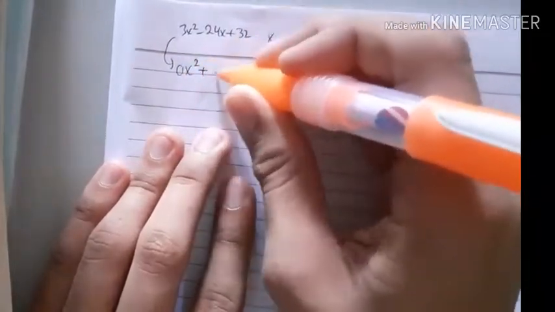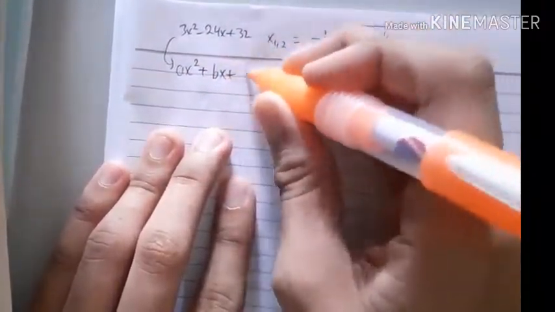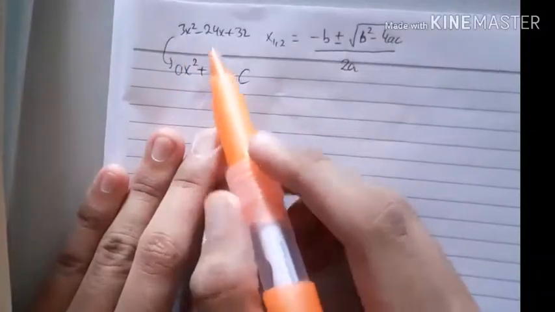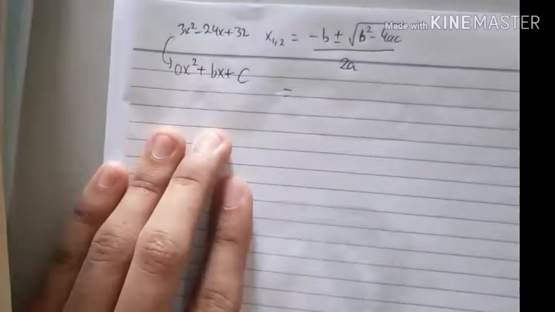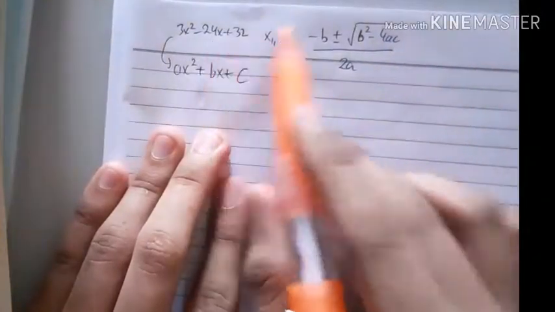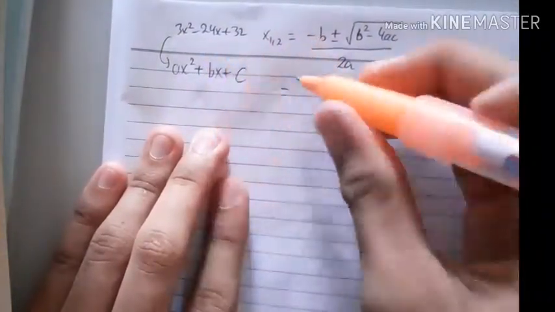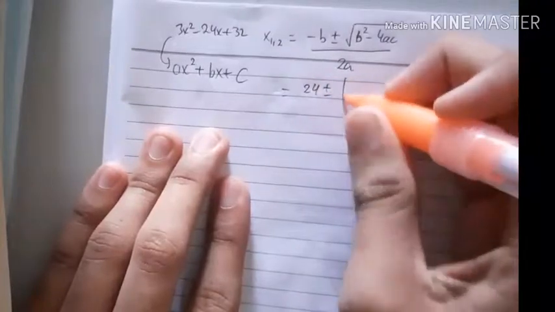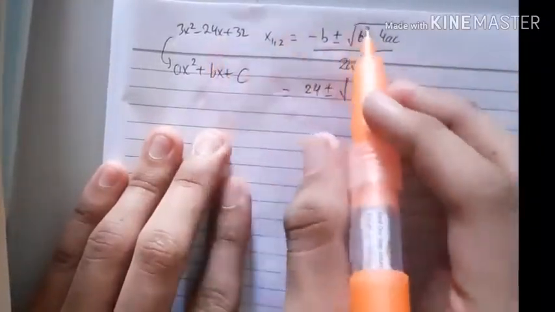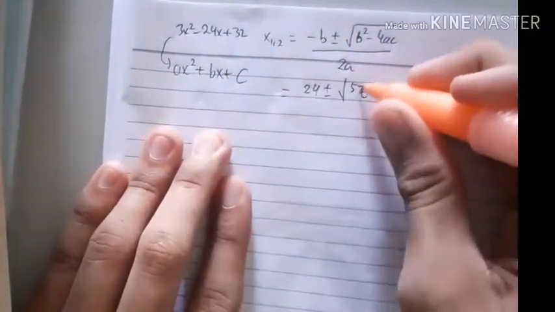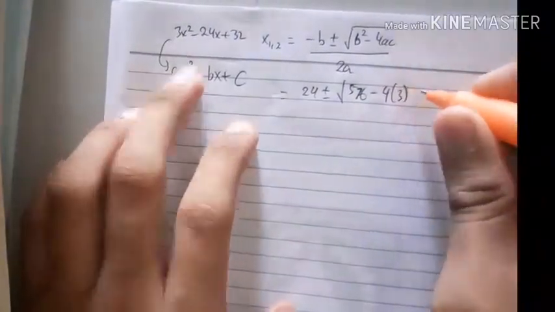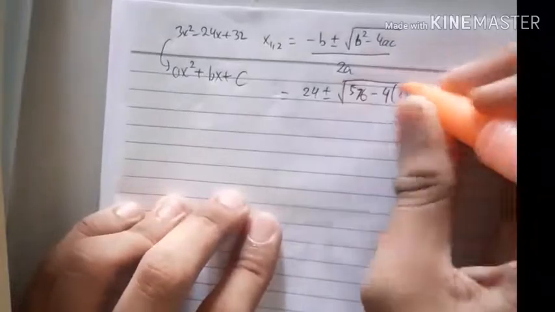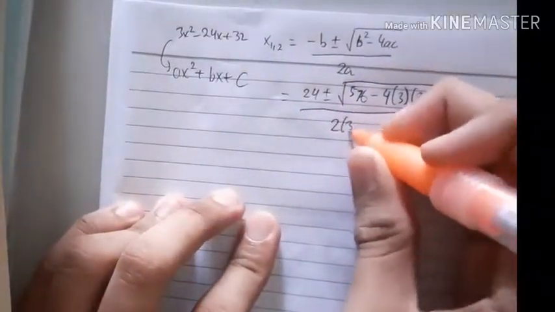The general form of a quadratic equation is ax squared plus bx plus c. We know that b is minus 24, so minus b is 24, plus or minus the square root of 576 minus 4a, where a is 3 and c is 32, over 2a.